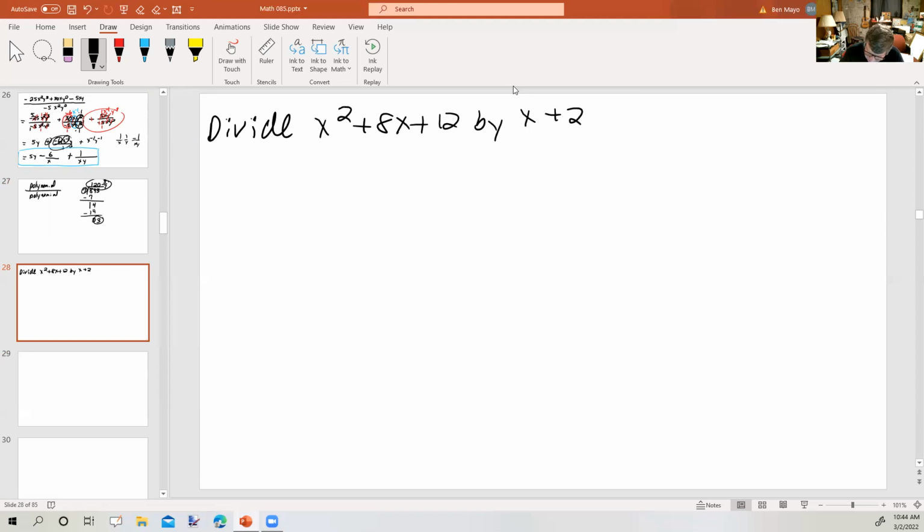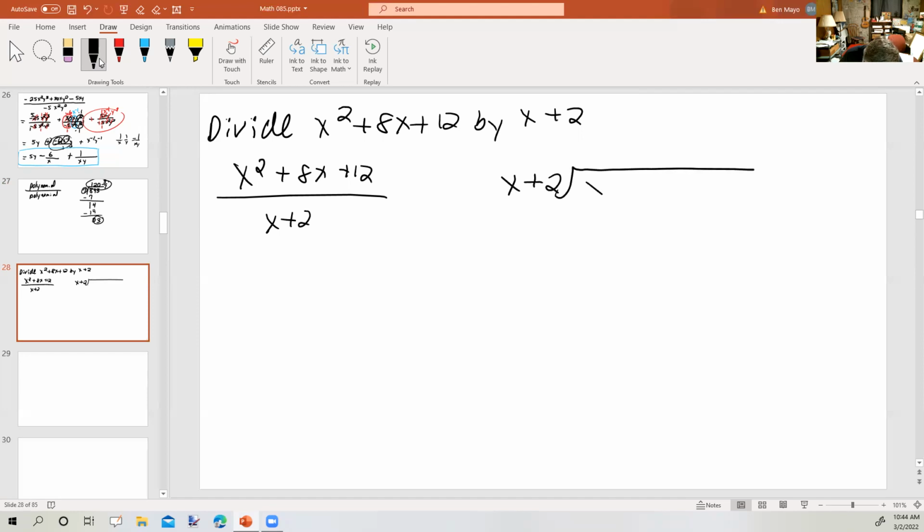Now, if we wrote that as a fraction, it would look like that. But if we wrote it using long division, it would look like that, okay? And that second one is the form we're going to be using.